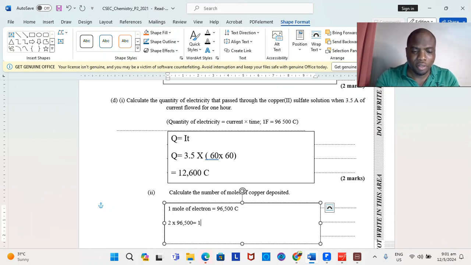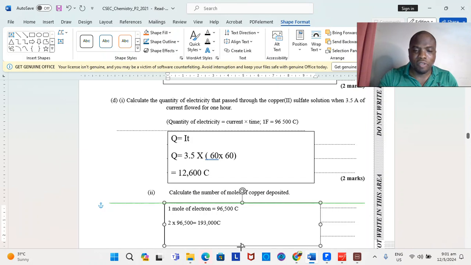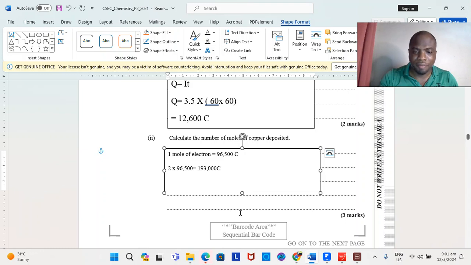Sir, 193,000. So in order for me to get 1 mole of copper, I need that amount of charge to be flowing through my circuit.